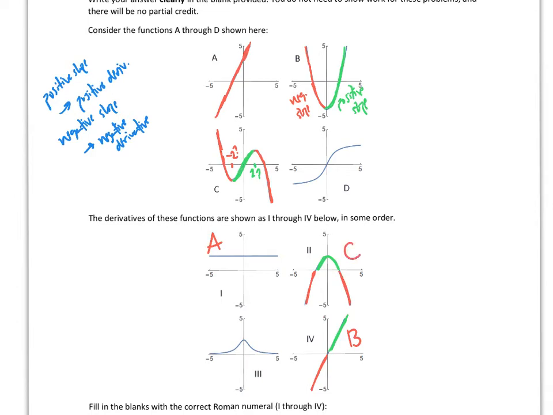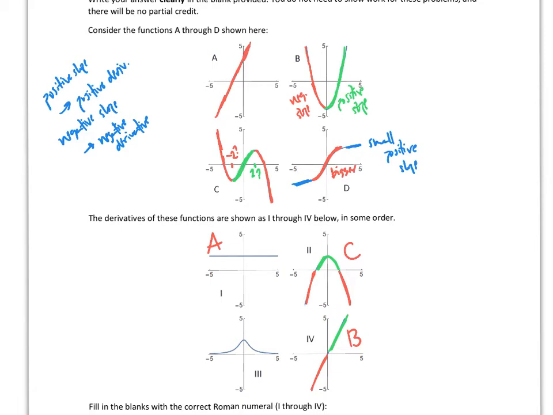Now, by process of elimination, we know that graph D has to match up with graph 3, but let's take a look at it and see what we are getting here. So what we see is that in the ends of this function, we have small positive slope. And then in the middle here, the slope is still positive, but it's bigger.